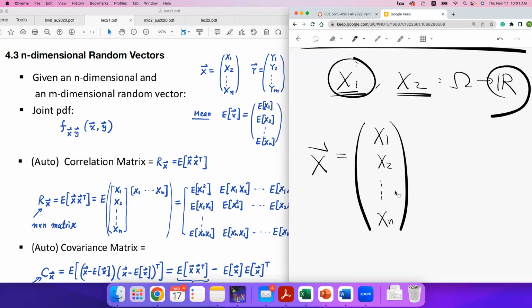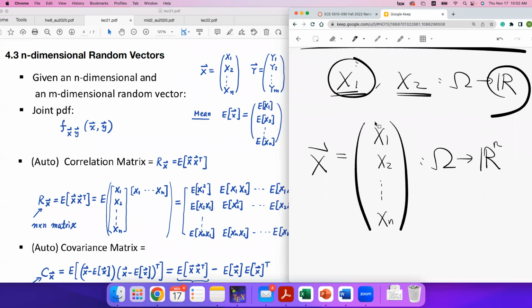So all these x1 to xn inside, each of them is a random variable. You can say this is a mapping from omega to the Rn space, because for each outcome omega, each random variable will give us a real number, a realization.